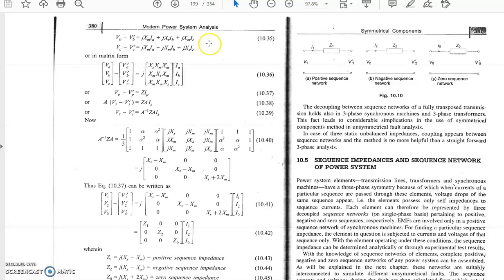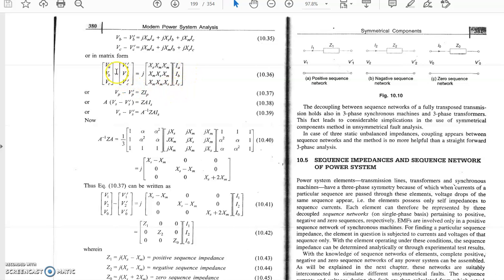Now from these three equations we can arrange them in matrix form. VA, VB, VC minus VA dash, VB dash, VC dash can be written as j times the matrix XS, XM, XM; XM, XS, XM; XM, XM, XS, into IA, IB, IC.